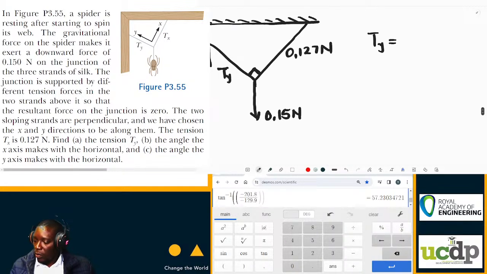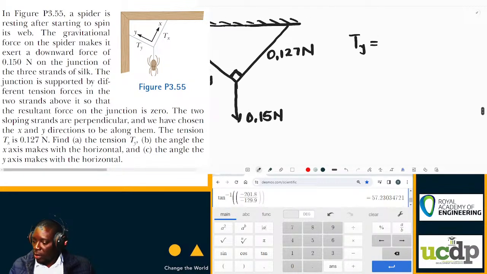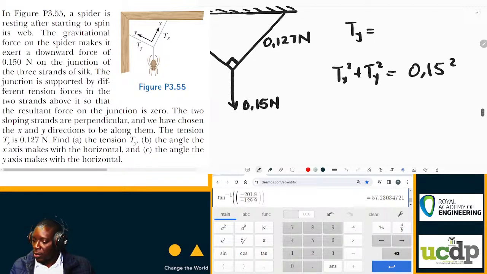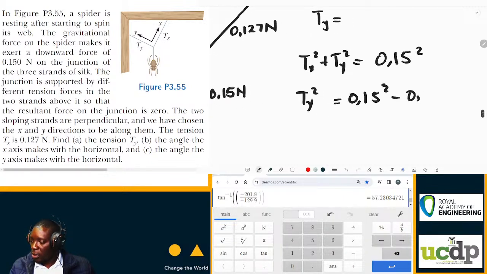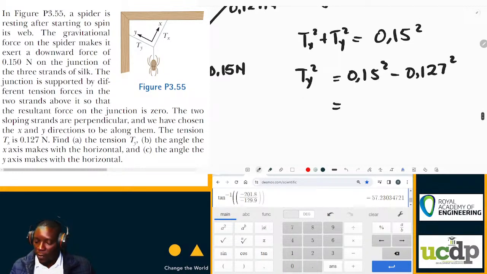So the resultant of Tx squared plus Ty squared should be equal to 0.15 squared. So since Tx is 0.127, Ty squared equals 0.15 squared minus 0.127 squared. And Ty will be the root of that.